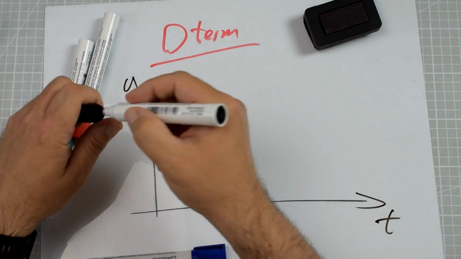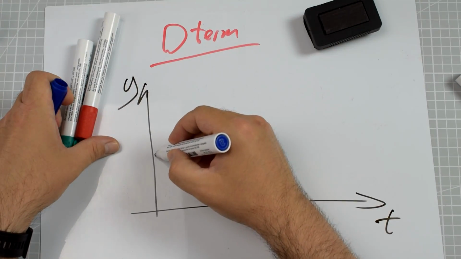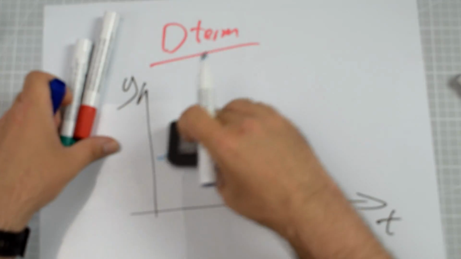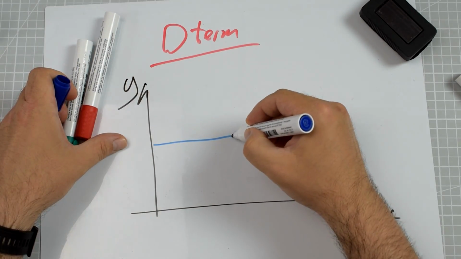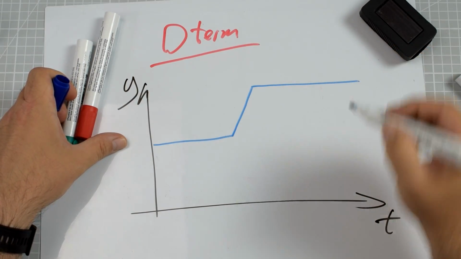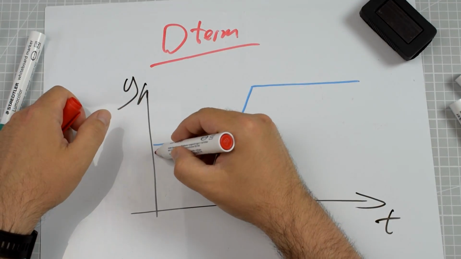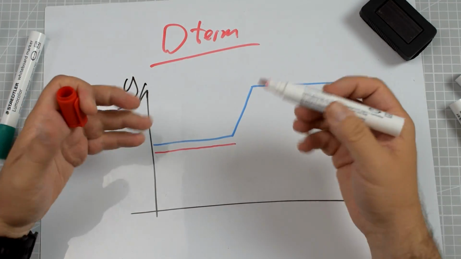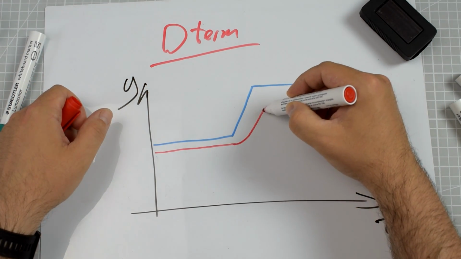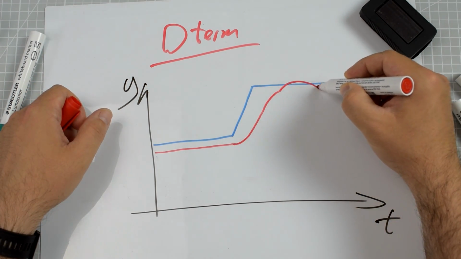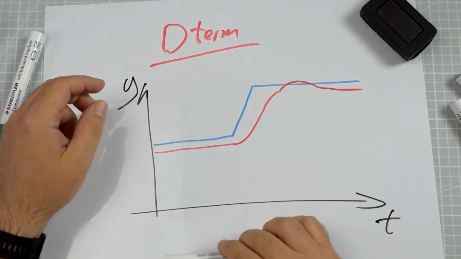Here we have time, here we have values, and the blue line will be the current set point, the position of the stick. So let's say at this moment we move the stick like that. The red line will be the response of the quad, the measurement of the gyro. Of course, it will be slightly delayed compared to the input, because there's always a slight delay.